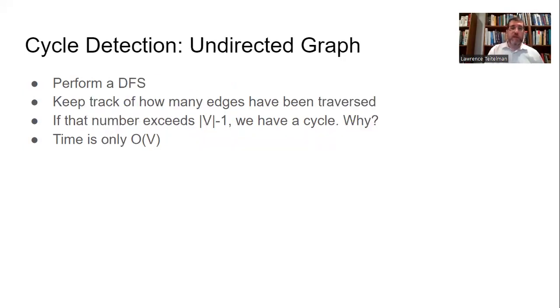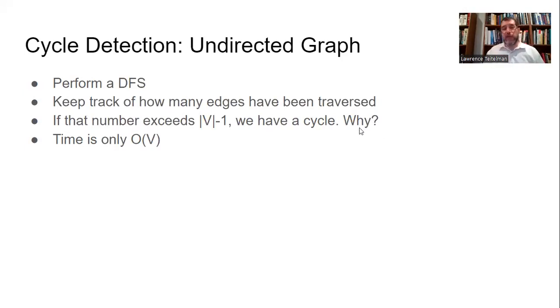Here's an interesting thing: in an undirected graph, a symmetric graph where if I can go from A to B, I can go from B to A, I can determine if there's a cycle even faster. This is sort of cool. I perform a DFS, and once I get up to more than V minus 1 edges, I have a cycle. Why?